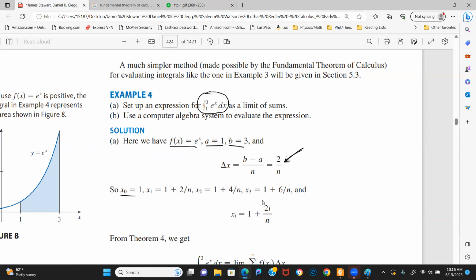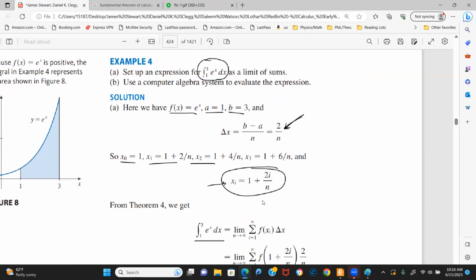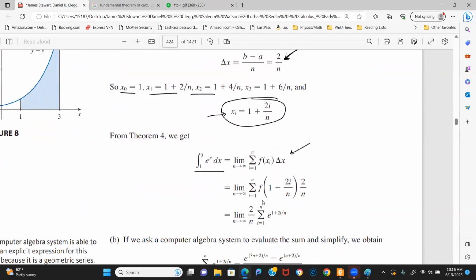And then these will be the right endpoints of the subintervals. x sub i will be the ith right endpoint of the ith subinterval. So it's described by this. And so now this integral will be by definition this limit, which is this, which is this.